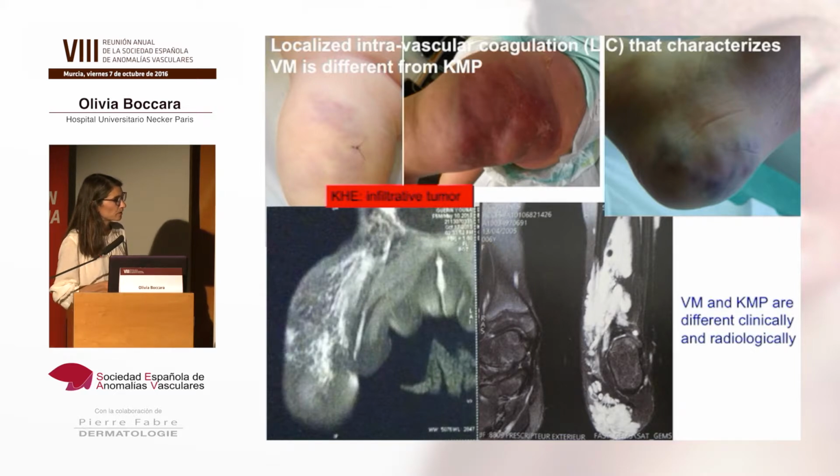In KMP, which characterizes tufted angioma and KHE, the lesion is completely different in MRI, with those very infiltrative lesions. And clinically, it's completely different. You have those soft, enlarged veins, and it's completely different for KMP and KHE, actually, which occur on huge vascular tumors.